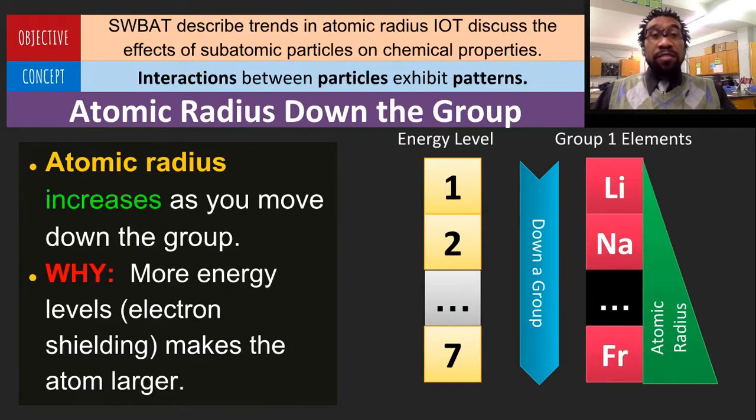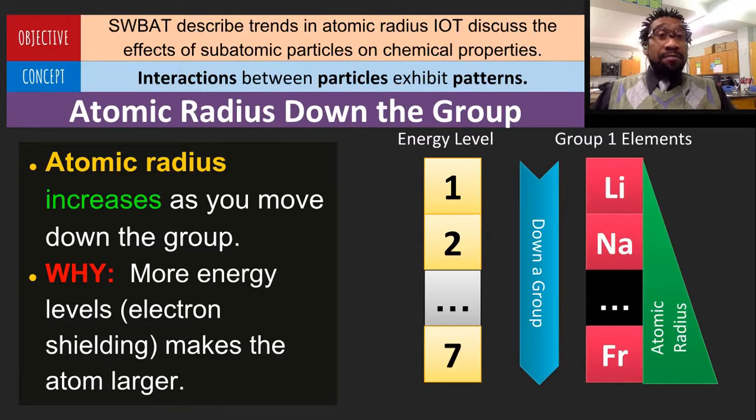So let's dive into the actual trend. The first trend is a little bit easier: the atomic radius increases as you move down the group, simply because as you add energy levels, the atom gets larger.